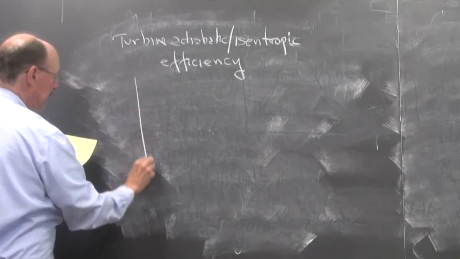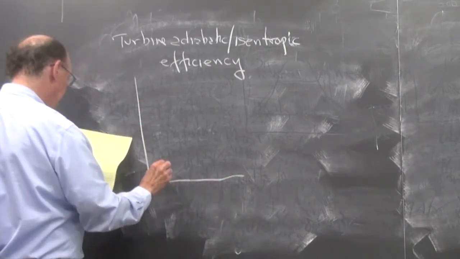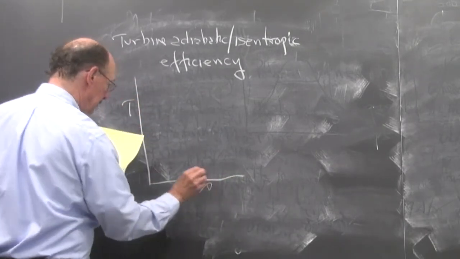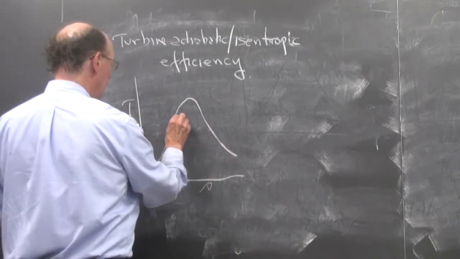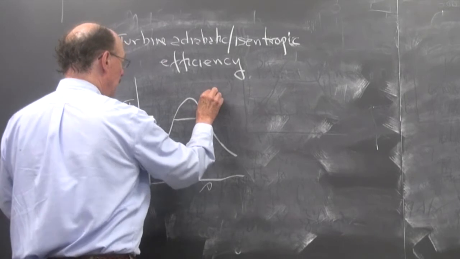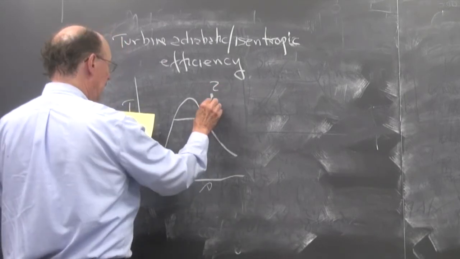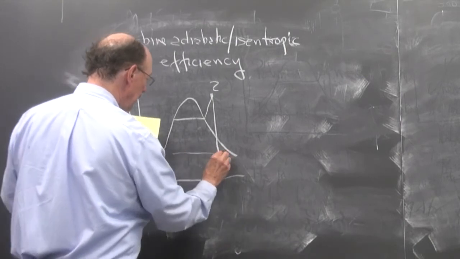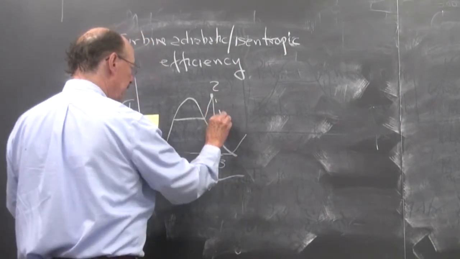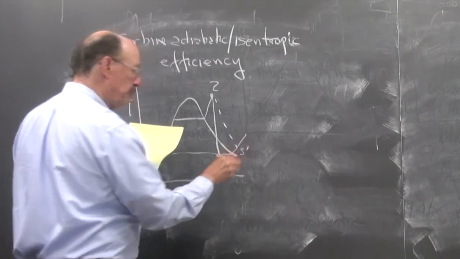And so if I look at this on a TS diagram, start at state 2, and ideally we'd go down to state 3, isentropic, and actually it'll go down to state 3 prime.